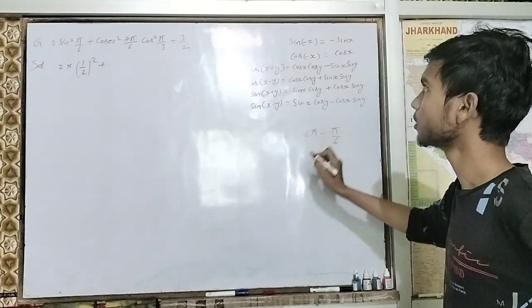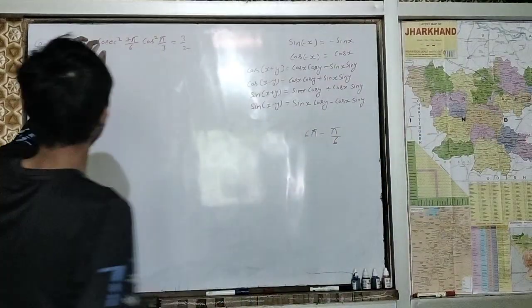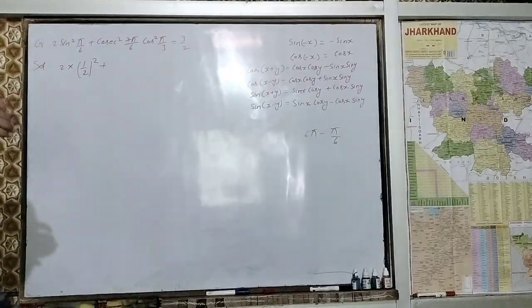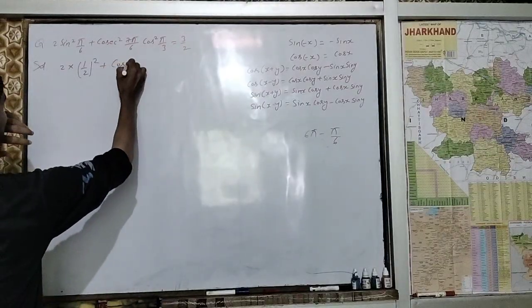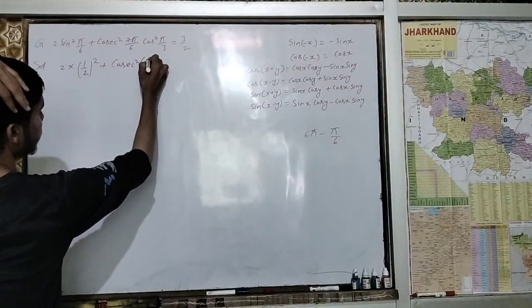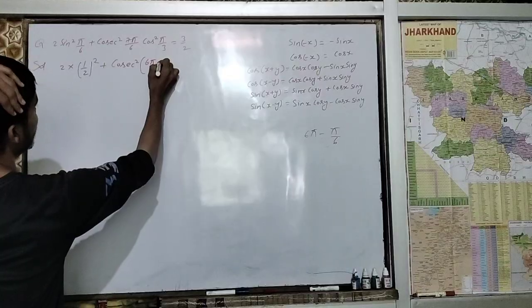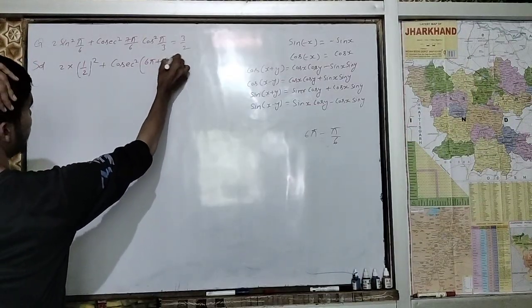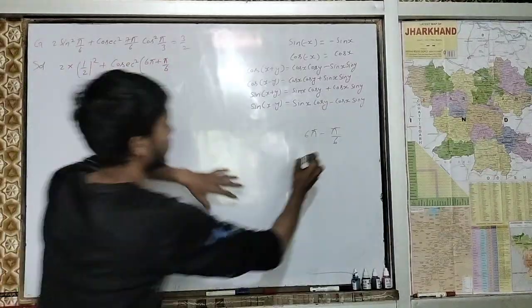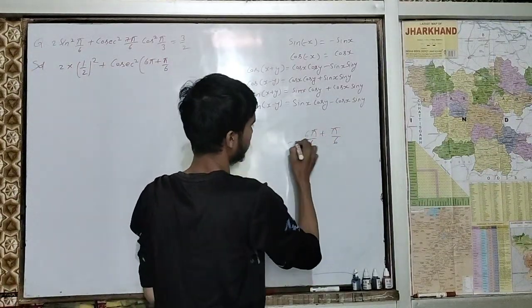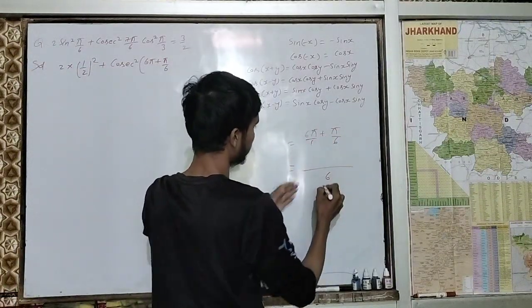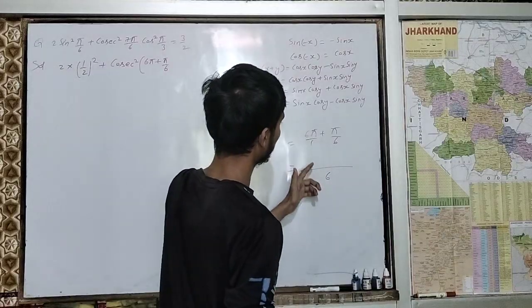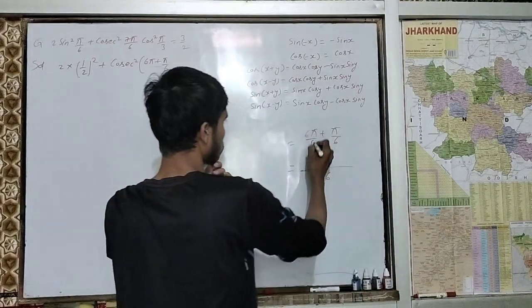And here we know that we can convert it, it is nothing but cosec square. This can be written as 6 pi plus 6 plus pi upon 6 will give us 6 as it. So I think it should be also 6.